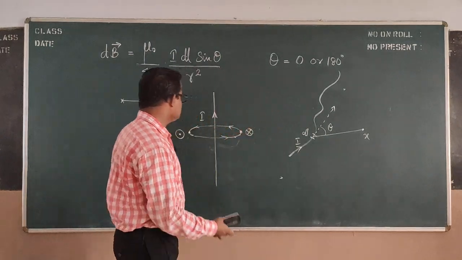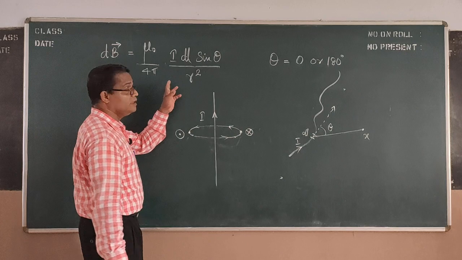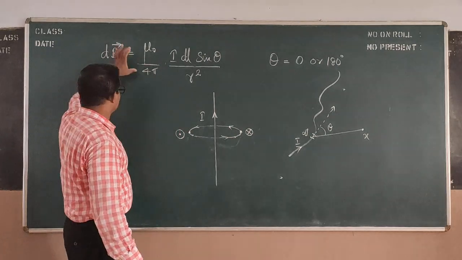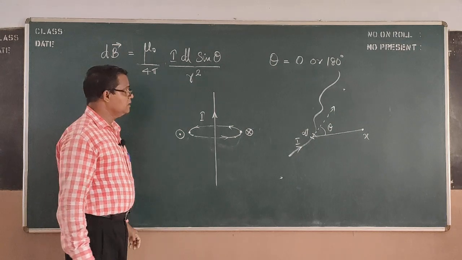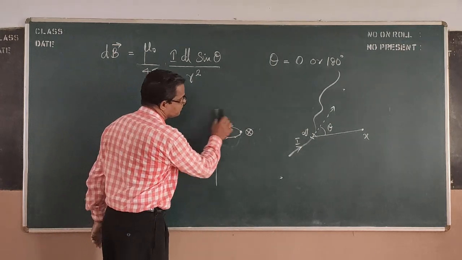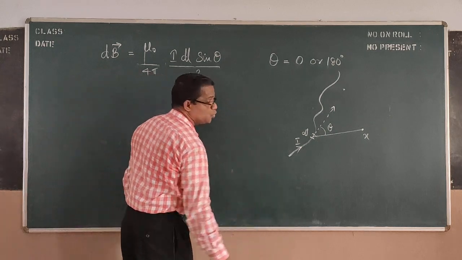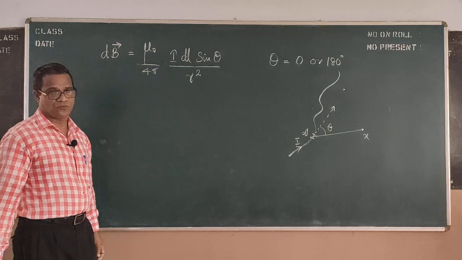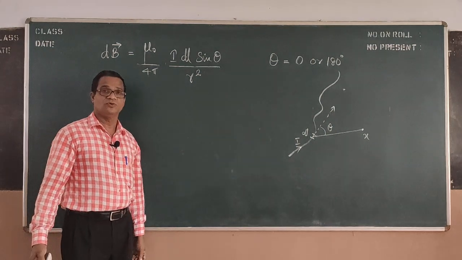Now, we said that the magnetic field is a vector quantity. Then there can always be a question: represent the Biot Savart law in vector form, as we studied Coulomb's law in vector form.